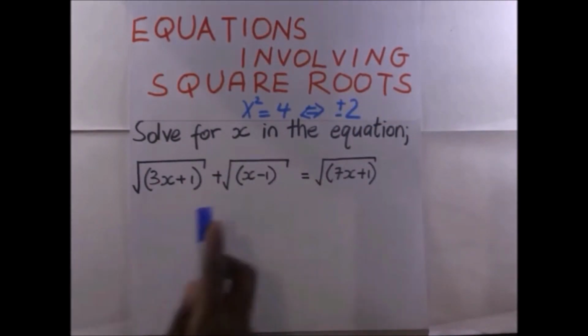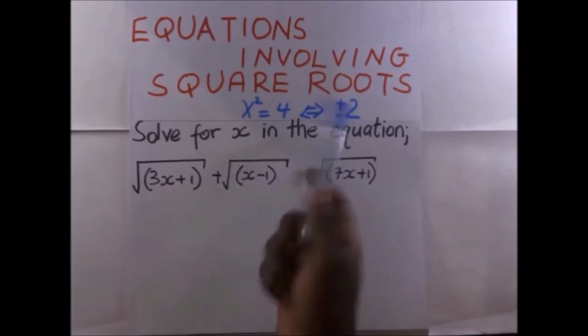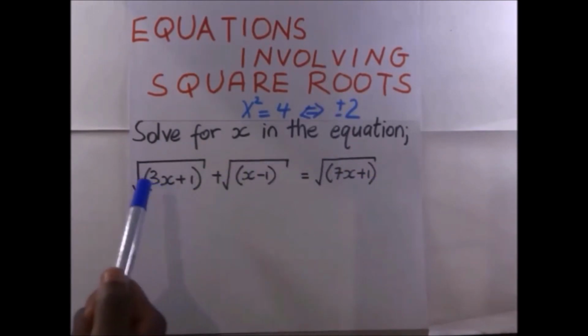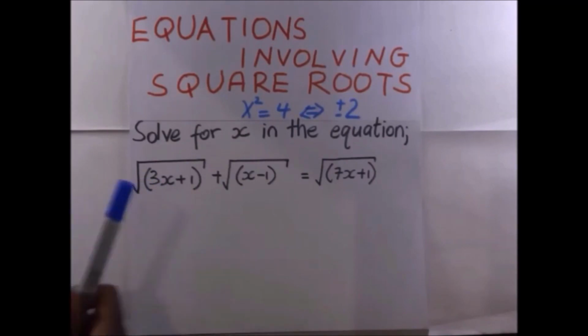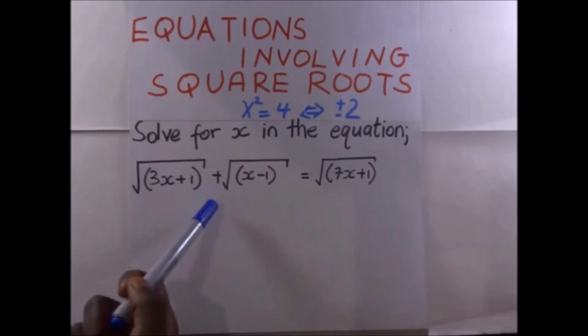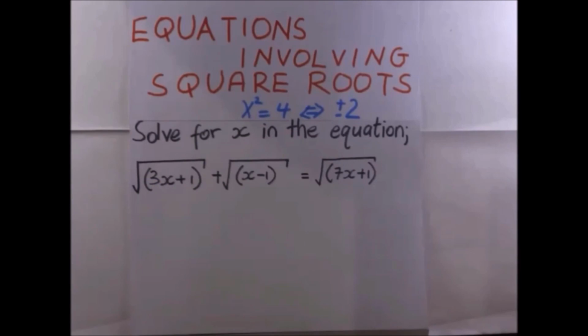So since on squaring both sides we create an extra solution for the value of x, for all equations involving squaring on both sides, all the roots we get at the end must be checked in the original equation.